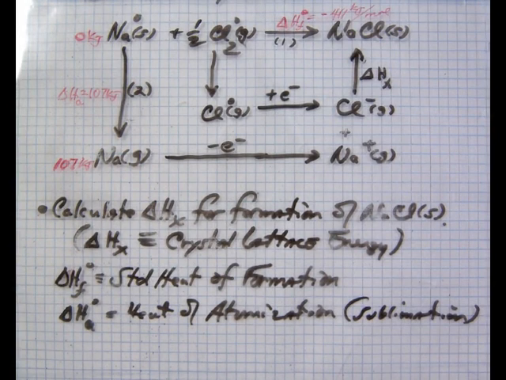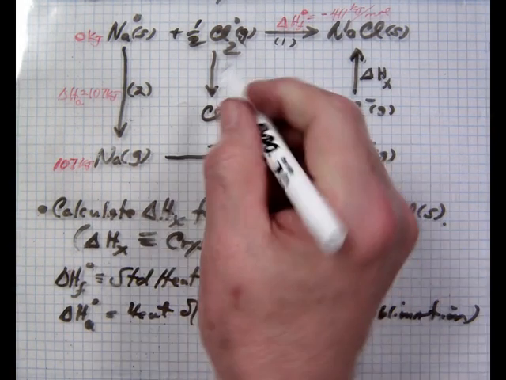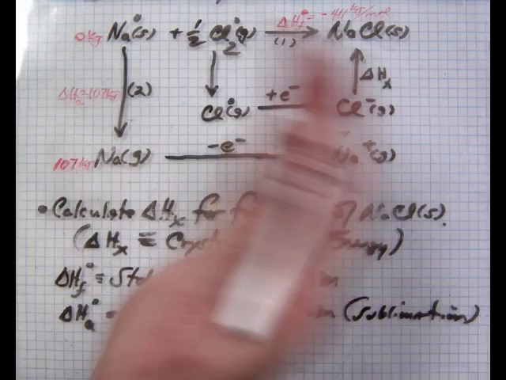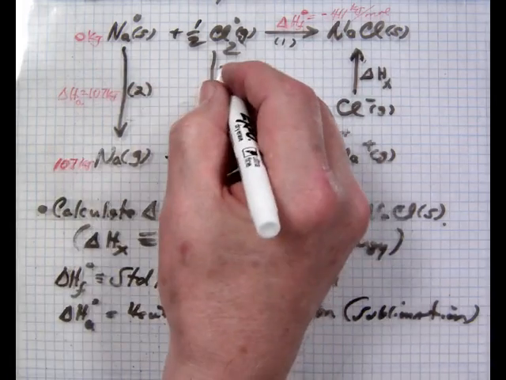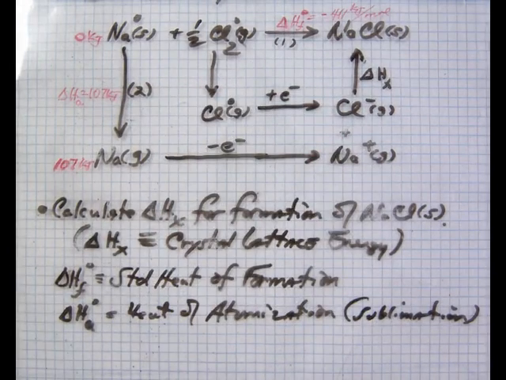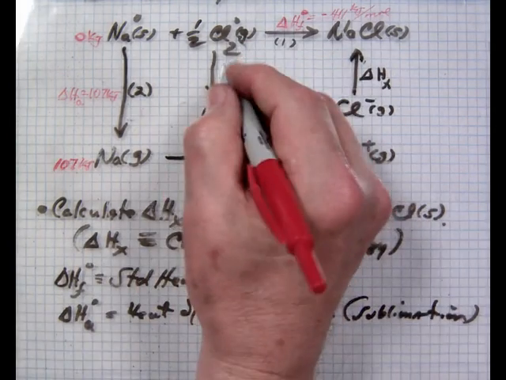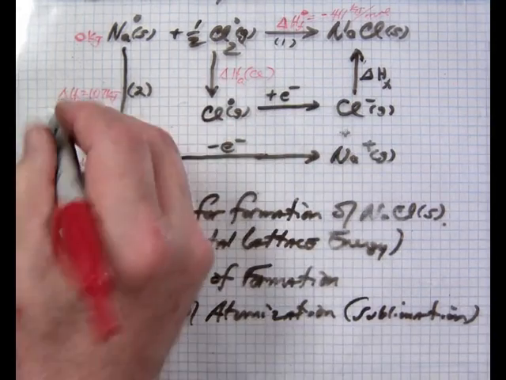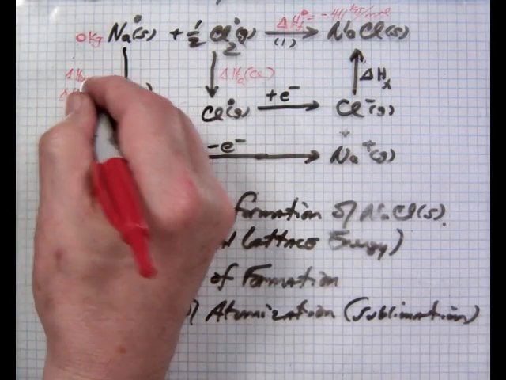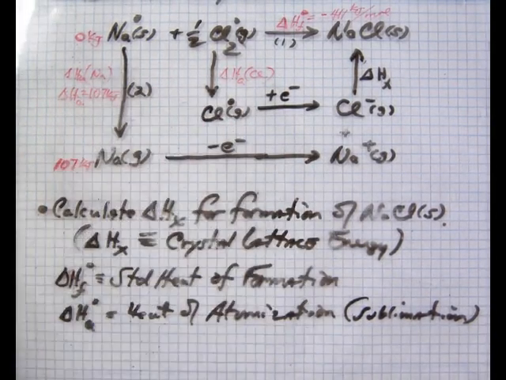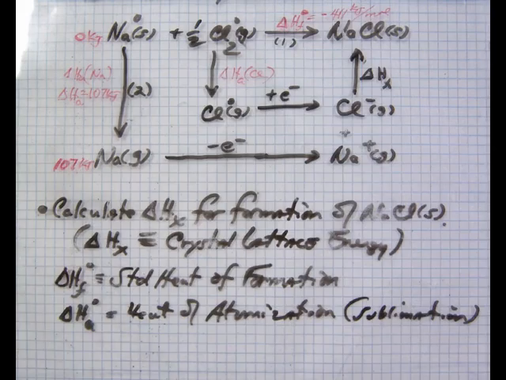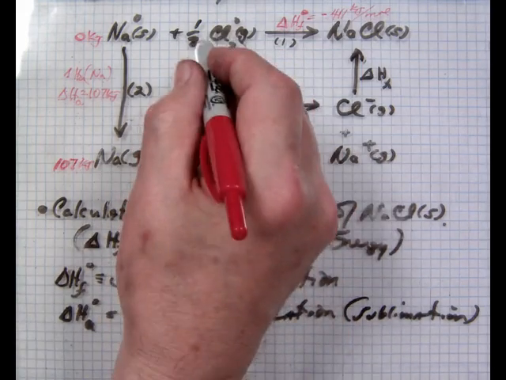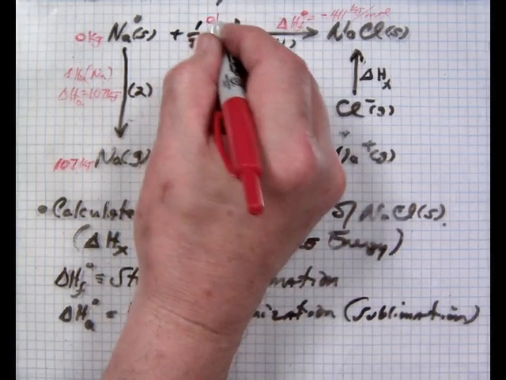Okay, the next one is also bond breaking, and you can call it atomization if you want. So this is also a delta HA for chlorine. I'm going to do it like this, and this is the delta HA for sodium. Okay, well, the value for chlorine is 0 kilojoules.